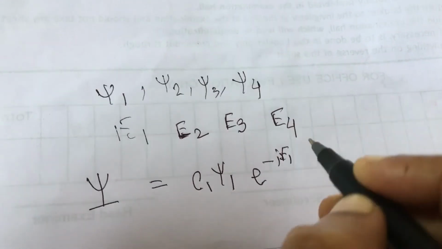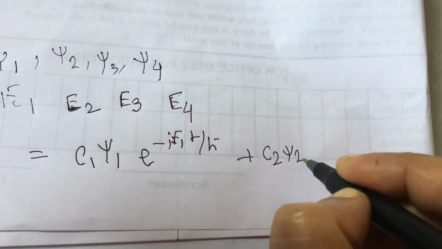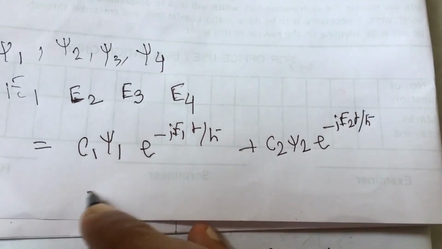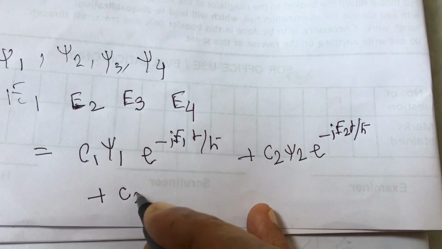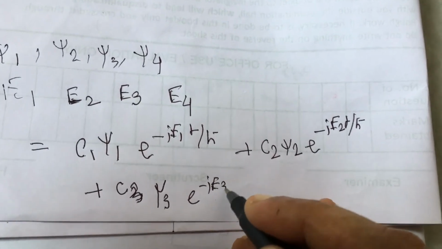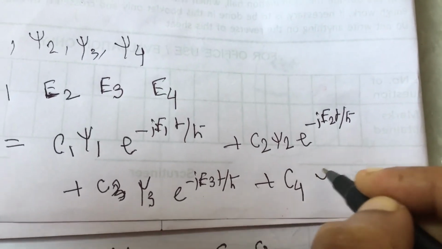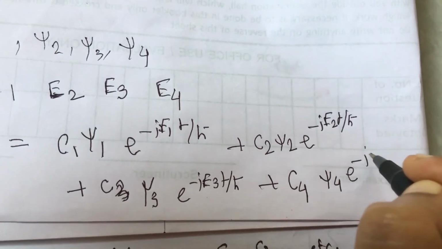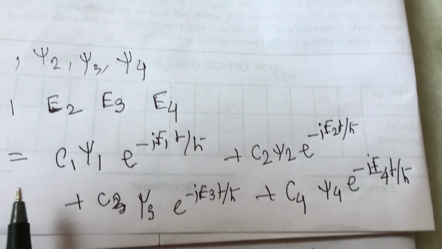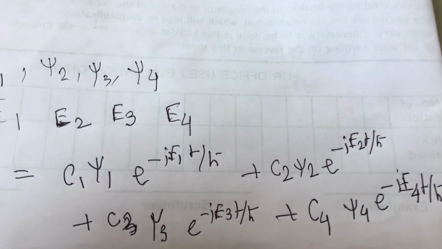Now comes the time part, plus C2 psi2 e to the power minus i E2 t by h cross, plus just the algebraic summation C3 psi3 e to the power minus i E3 t by h cross, and C4 psi4 e to the power minus i E4 t by h cross.